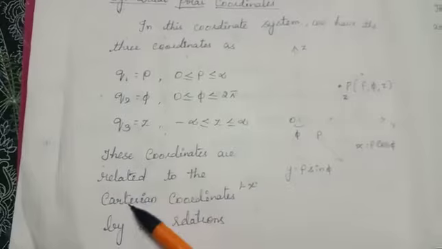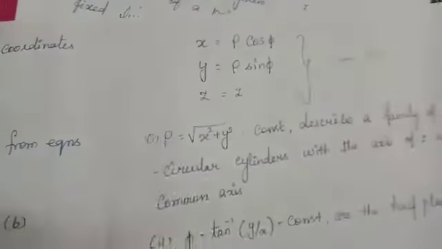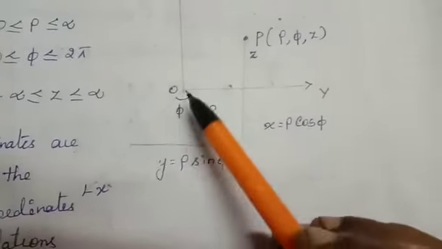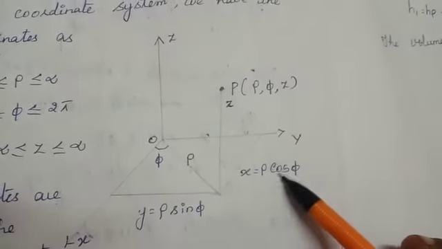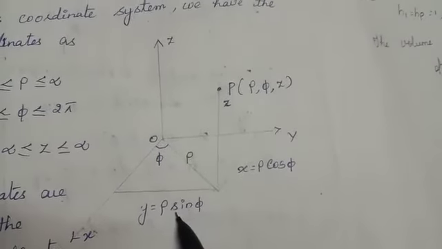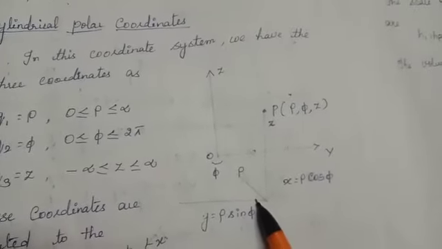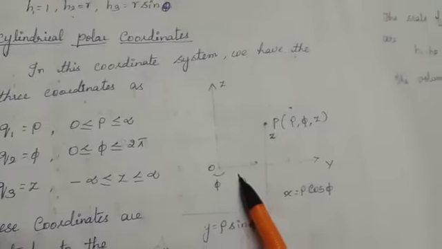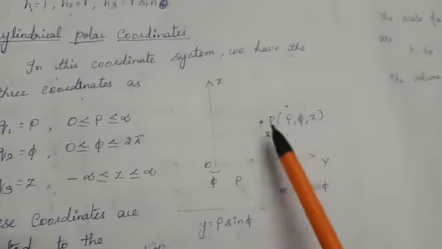These coordinates are related to Cartesian coordinates by these relations. Along the x direction we can write x equal to rho cos phi, and y equal to rho sin phi. This is the cylindrical polar coordinate system. In this coordinate system two coordinates vary and one is constant. Here z is constant.